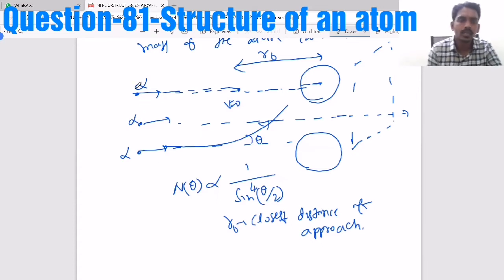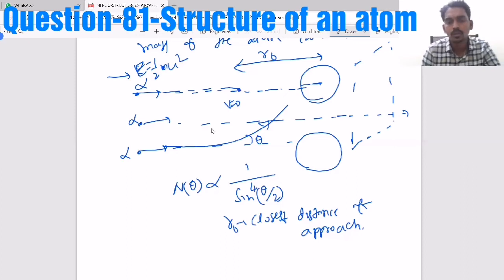So this is what happens. Here we are giving some initial kinetic energy, E equal to half mv squared. Then at one particular point, due to the repulsion between the alpha particle and the gold nucleus, the velocity keeps on decreasing and comes to rest.